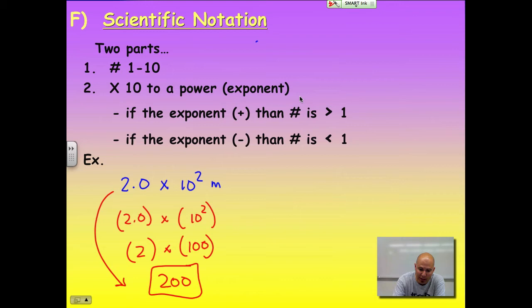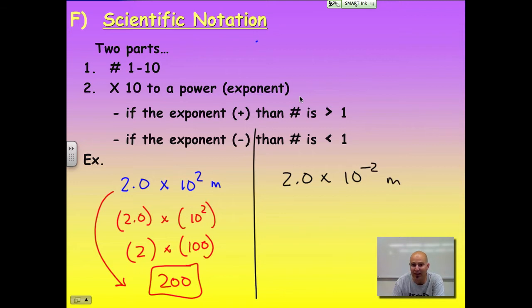And the same thing as if we had a negative exponent. Let's say we had 2.0 times 10 to the negative 2 meters. Again, we would be looking at 2.0, multiplying that by 10 to the negative second, which is 1 over 100, or 100th.